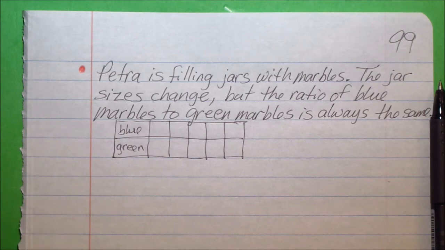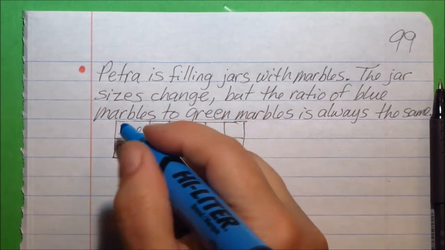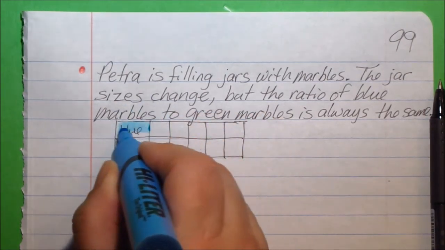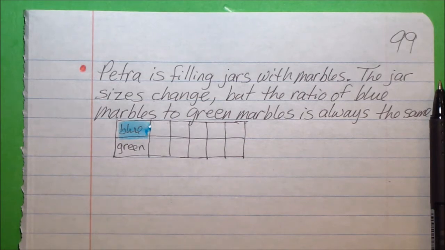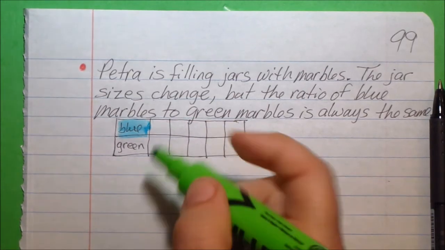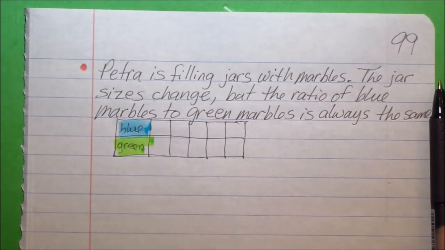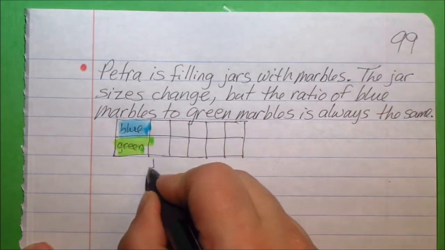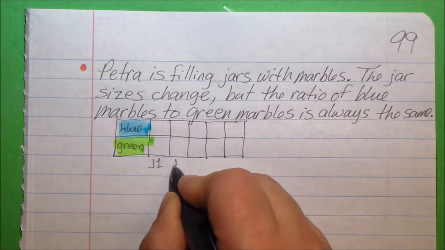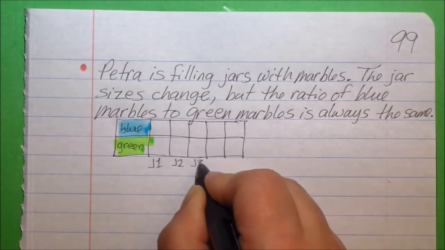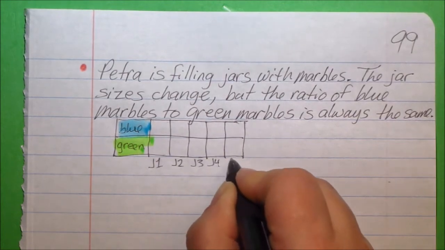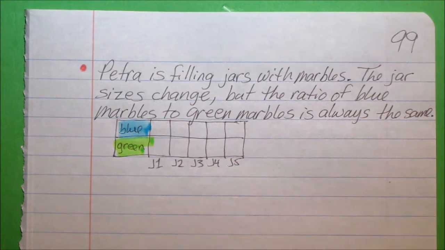All right, so she has blue marbles and she has green marbles. And she has 5 jars, so I'm just going to write J1 for jar 1, J2, J3, J4, and J5. All right, there's her 5 different jars.